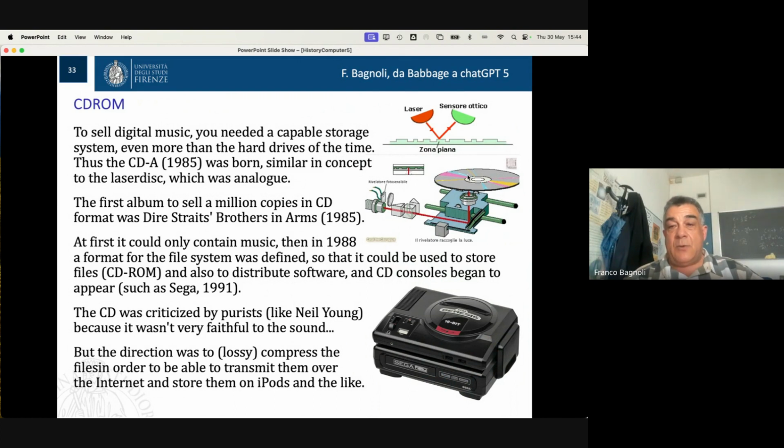The advantages were that it was digital, it could survive scratches and damage, and could at the end be copied.